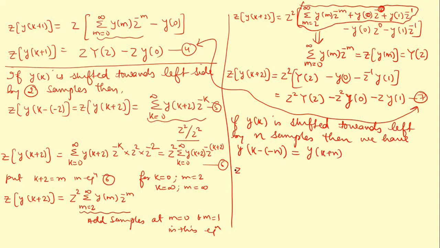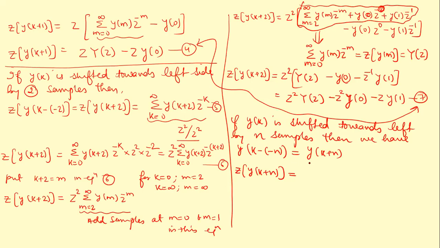Then what will be the z transform of y(k+n) here? We can see the trend. It is shifted by one sample here, equation 4, so we have z raised to the power 1, and then z raised to the power 1 here. Then we have a sequence which is shifted by two samples, so we have z raised to the power 2, then z raised to the power 2, then z raised to the power 1.